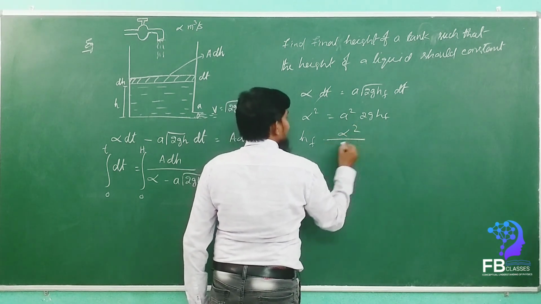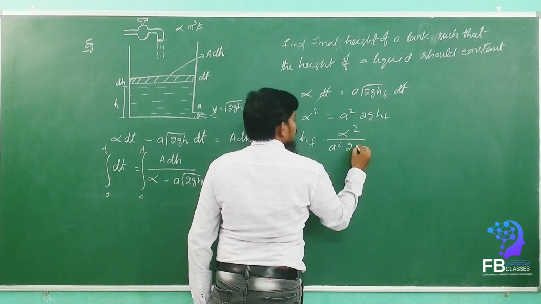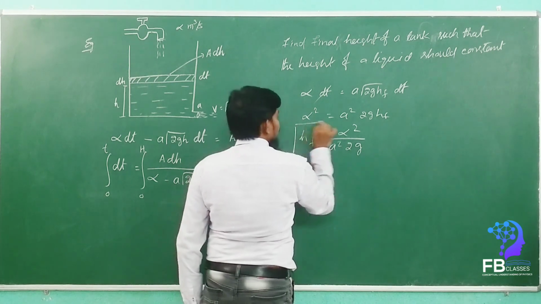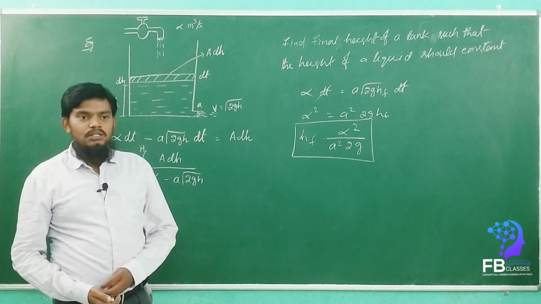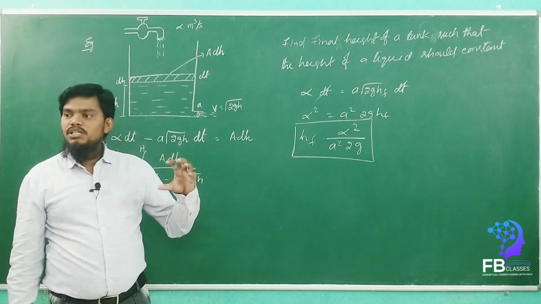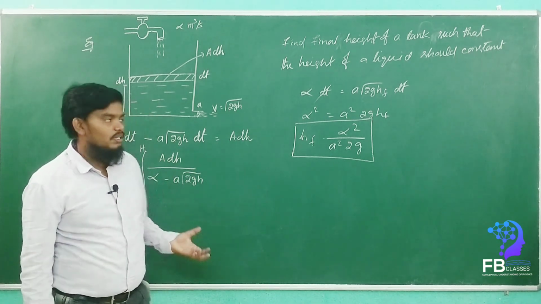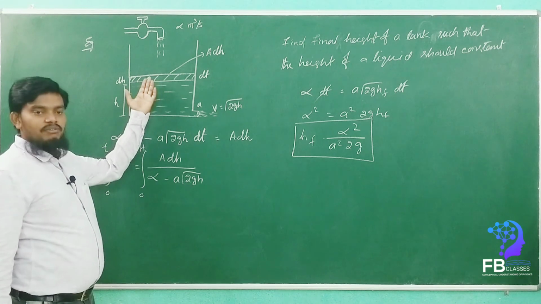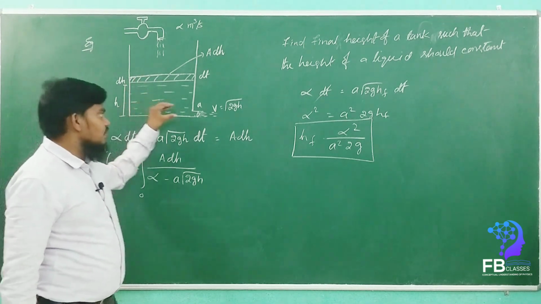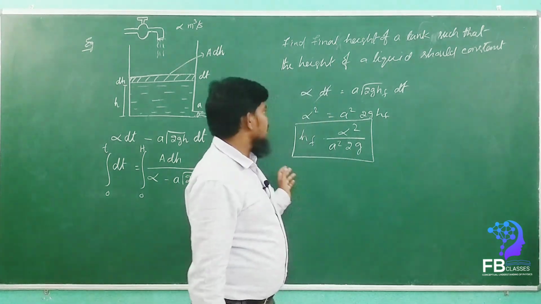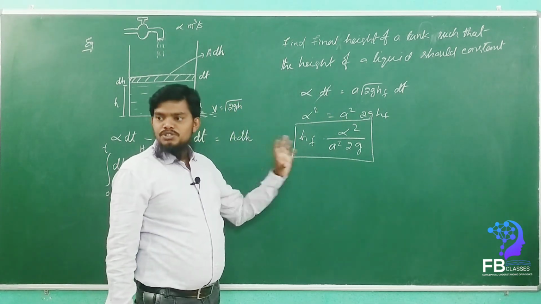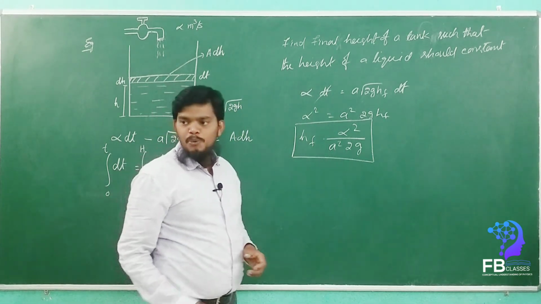Alpha square by a square 2g. So this is the final height condition such that the height of the liquid column should be constant. That means how much water is falling into the container, that much water comes out from the orifice. Got it? Simple equation, simple understanding. Are you getting my point?